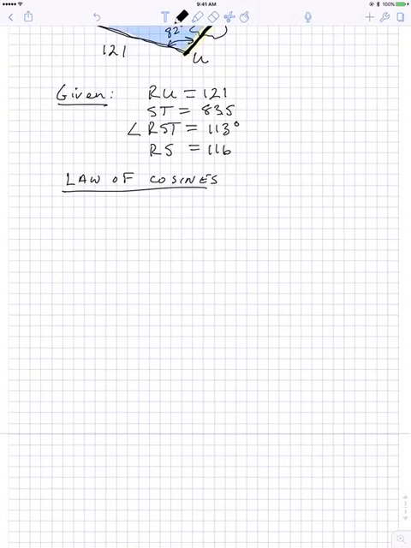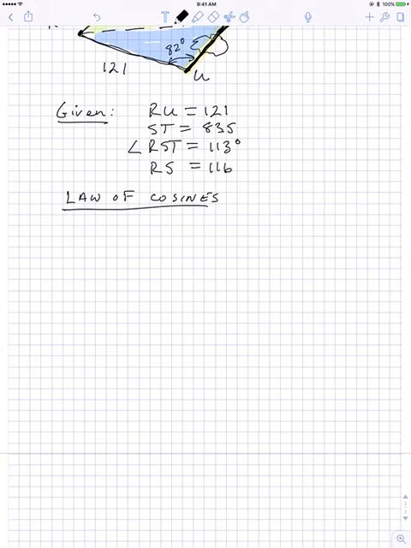So the law of cosines, if you need to, you have to draw it back out. So here's a triangle.